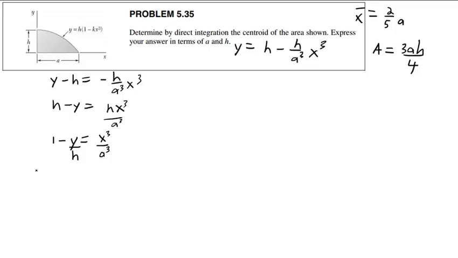And then x to the third equals a to the third times 1 minus y over h, like this. Then x equals the cubed root of all this.